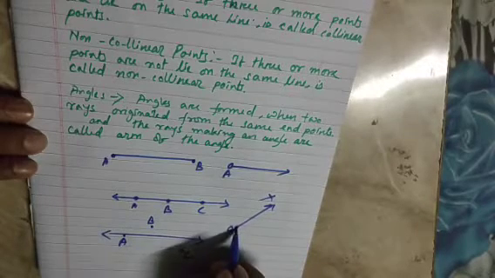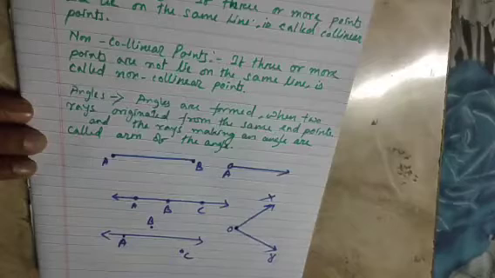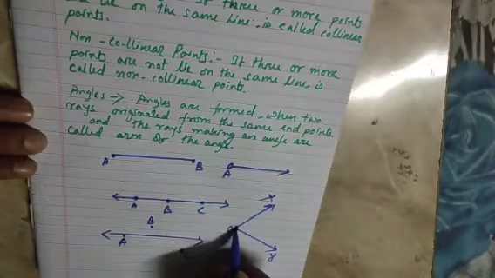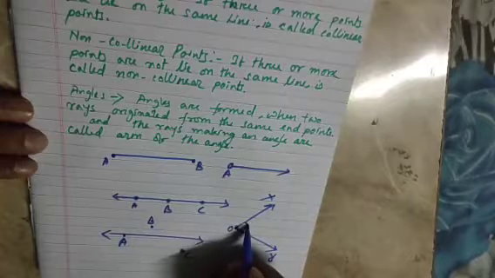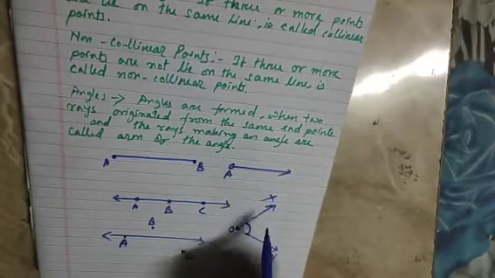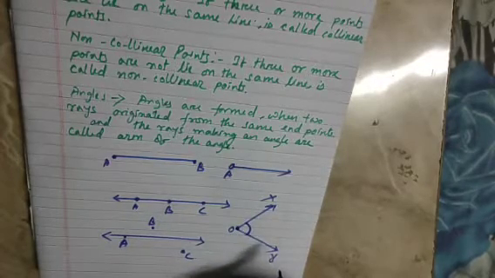Again we get another ray, OY. These two rays OX and OY have the same end point O, so we get an angle between these two rays. This is the angle formed by two rays that originate from the same endpoint.